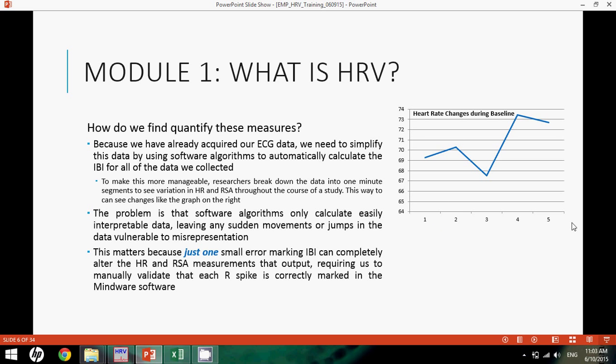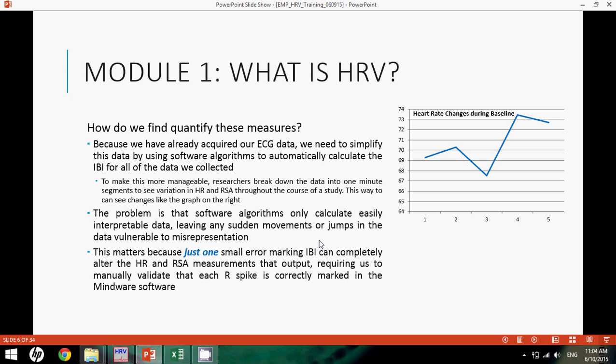Here I've included some data from one of my experiments, and you can see that the heart rate in the first minute started low and actually got a little bit higher throughout the course of the 5-minute baseline period, which isn't ideal, but in this circumstance, it varied rather little.